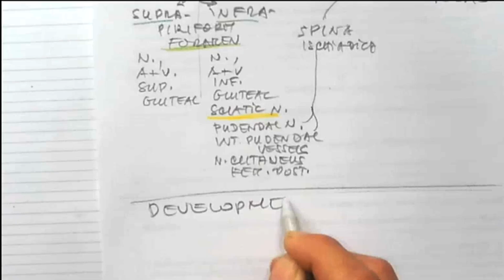Concerning the urinary system, we start from the aorta and also the vessels, because we are speaking about the filtration of the blood.